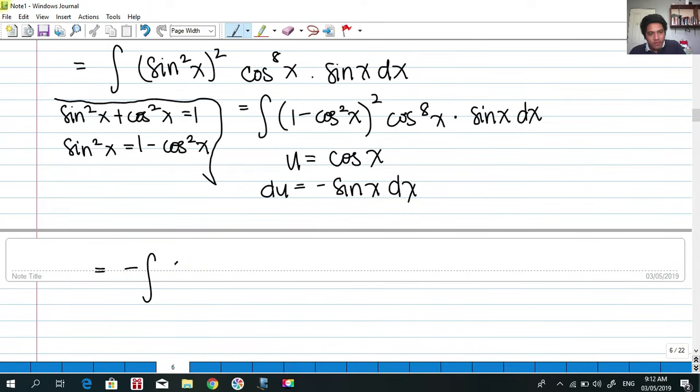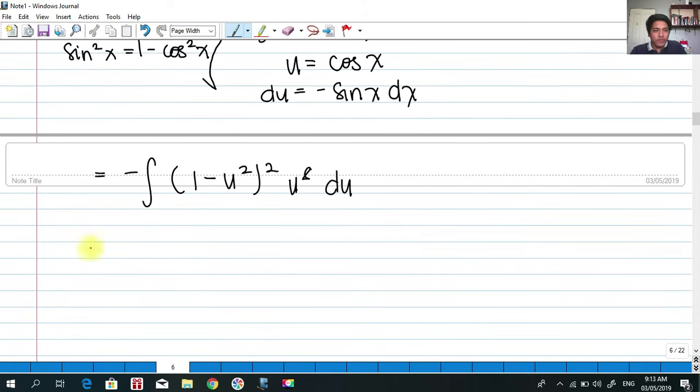So we have now replacing that by u. Cosine of x is u, so we have 1 minus u squared. This is our u squared, and raised to squared. Then our u here is cosine of x, so that is u raised to 8, and then du. Now we can perform the integration because this is only the power formula.